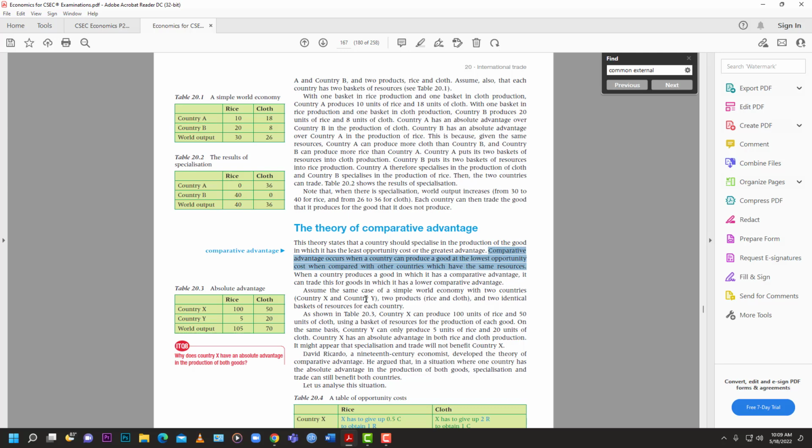Comparative advantage occurs when a country can produce a good at the lowest opportunity cost when compared with other countries which have the same resources. One country doesn't have to give up as much as the other to produce the same thing. That's the difference: absolute means you can just produce more, comparative means you can produce more efficiently.